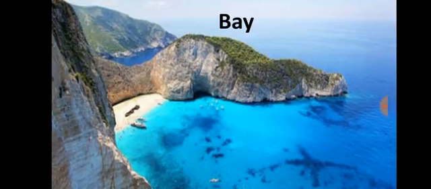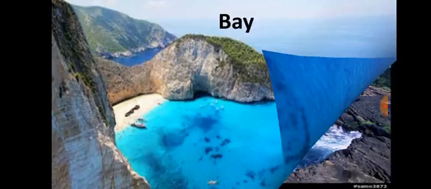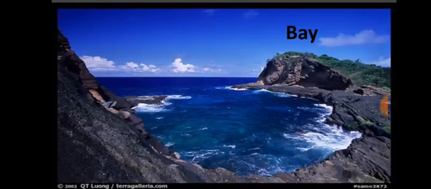This is a picture of a bay. A bay is a body of water that is partly surrounded by land. If we take a good look at this picture, we can see a body of water partly surrounded by land.